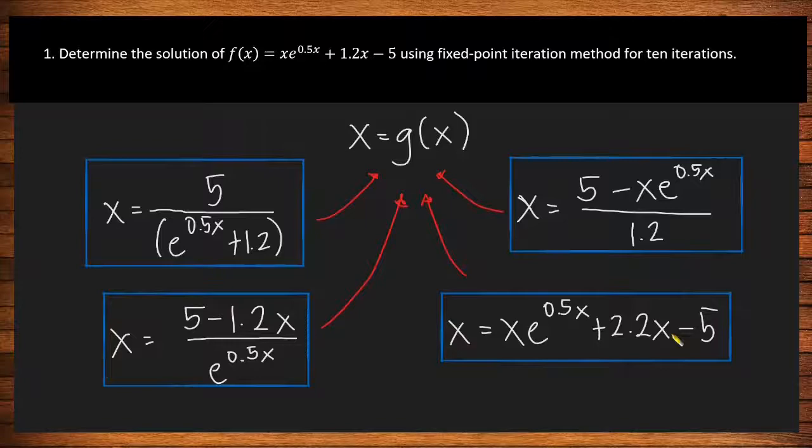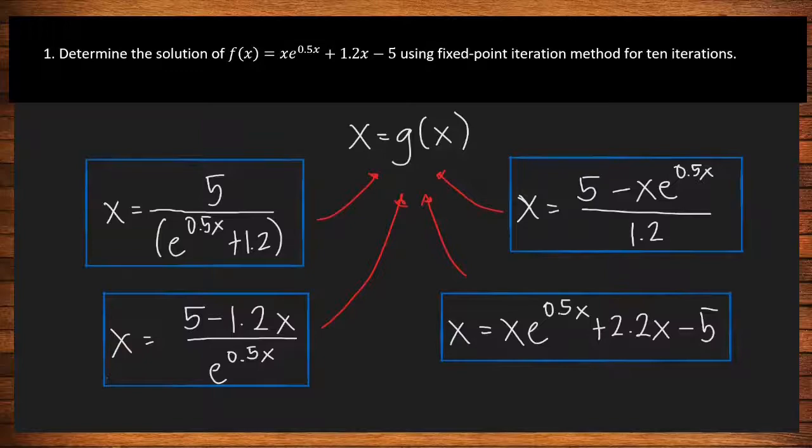So ngayon, saan dito yung gagamitin natin na equation? Take note that there might be more than one form that can be used, or only one form will converge and then yung ibang forms naman will diverge. Or maybe none of these forms are appropriate, ibig sabihin lahat sila will diverge.